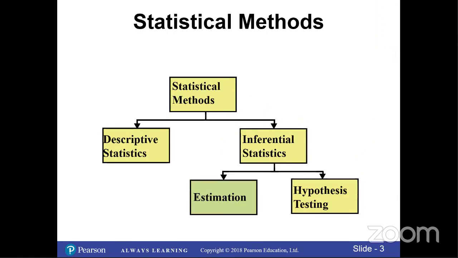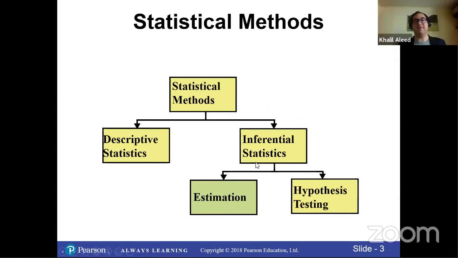If you remember last week, we said that we have statistical methods. Those statistical methods are divided into descriptive statistics and inferential statistics. Last week, we covered descriptive statistics when we discussed mean, median, mode, standard deviation, different types of charts, etc. That all falls under descriptive statistics.